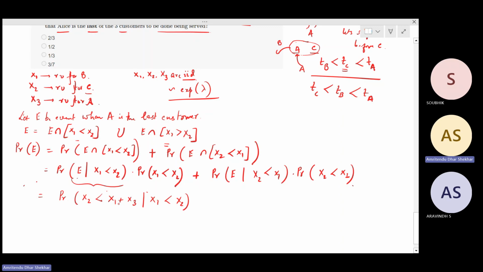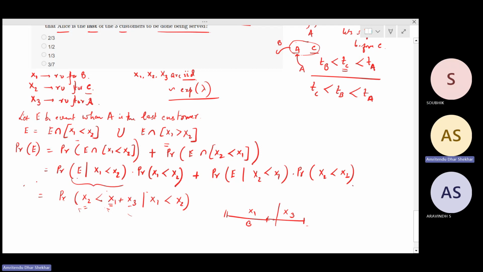So why is this equal to this? Because x1 is the first person to leave. Then x3 comes and joins after x1. So x1 stands for Bob. So Bob leaves. Then Alice comes and joins after Bob. If you draw a figure, Bob takes time x1, and after that Alice takes time x3, but you want x2, which is the time that Claire takes, to be within this sum of x1 plus x3.